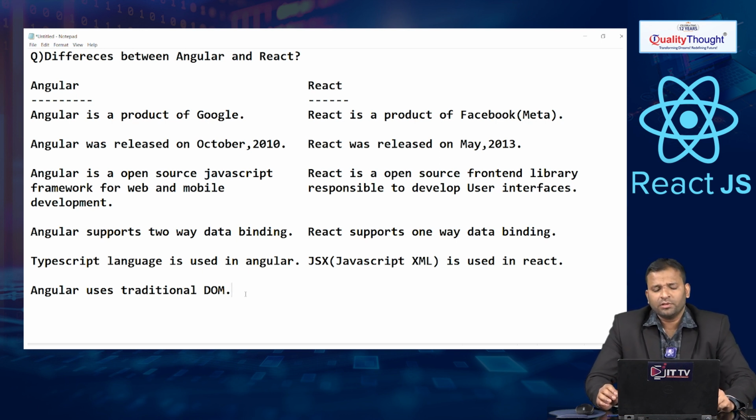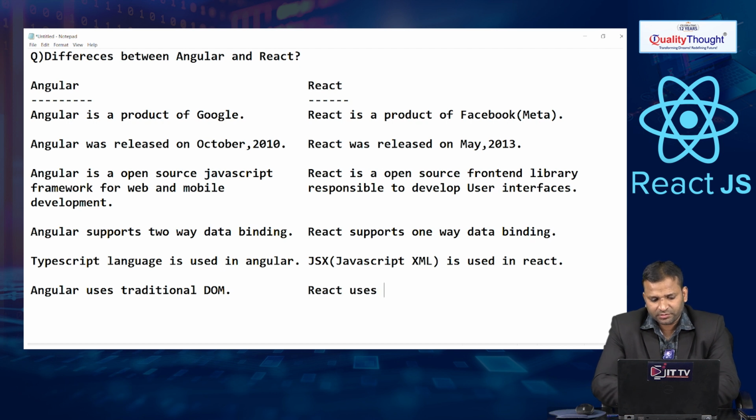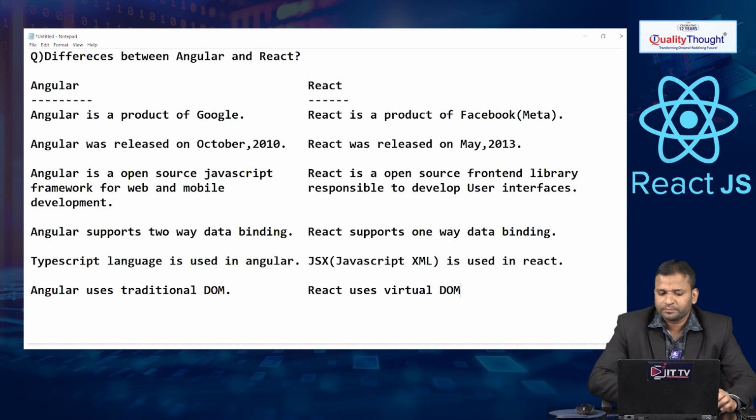Why? Because the DOM holds elements. So whenever we add or remove elements, and do direct operations on the DOM, definitely it will increase the cost of the company. So that is the reason React came with the concept called virtual DOM. So let me say React uses virtual DOM.